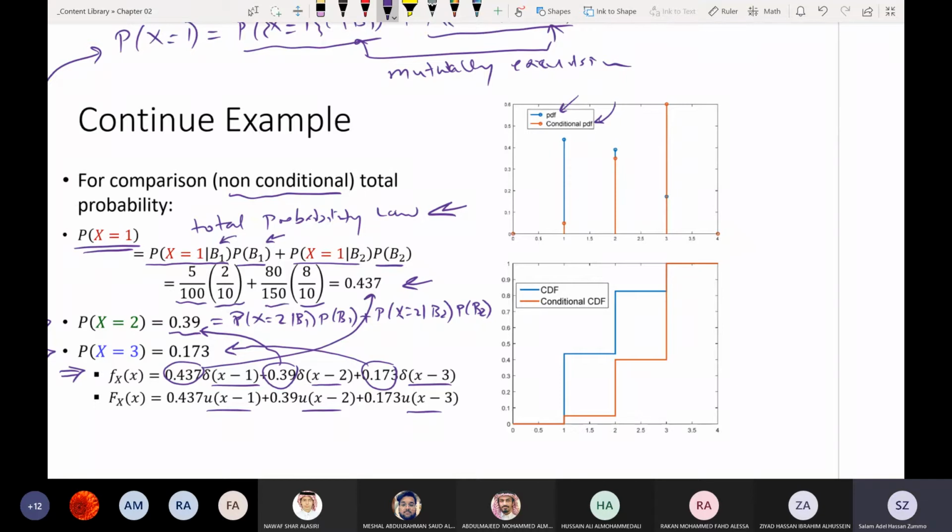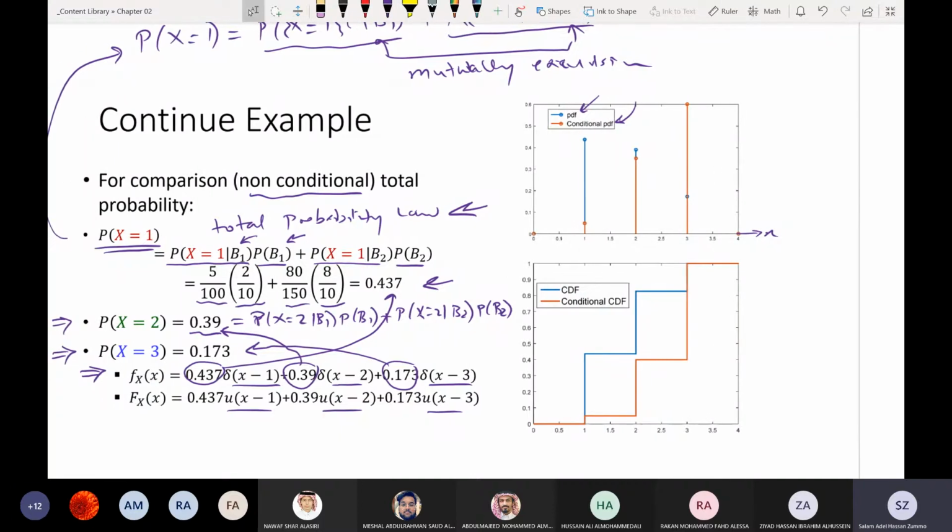The blue set of deltas is the PDF of X, which is 0.437 at X equal 1, 0.39 at X equal 2, and 0.173 at X equal 3. So you can see that the probability that X equal 3 is smaller than the probability that X equal 1.